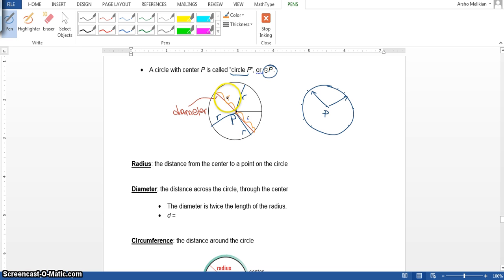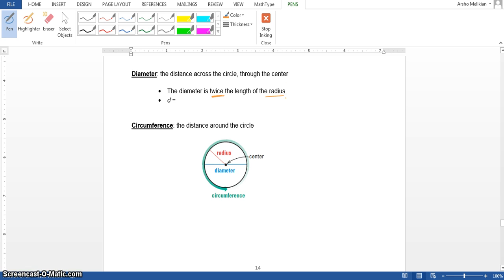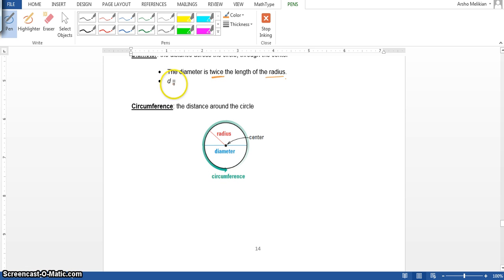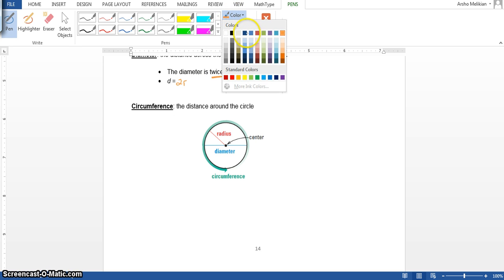So this is a radius, this is a radius. Therefore, a diameter is made up of two radii. So we can say the diameter is twice the length of the radius. In symbols, what can we write that as? D is 2R.